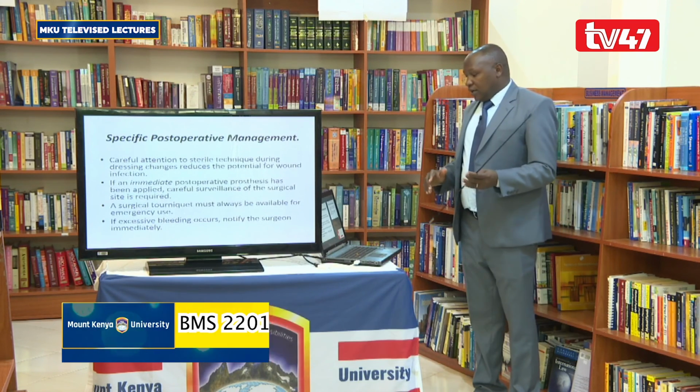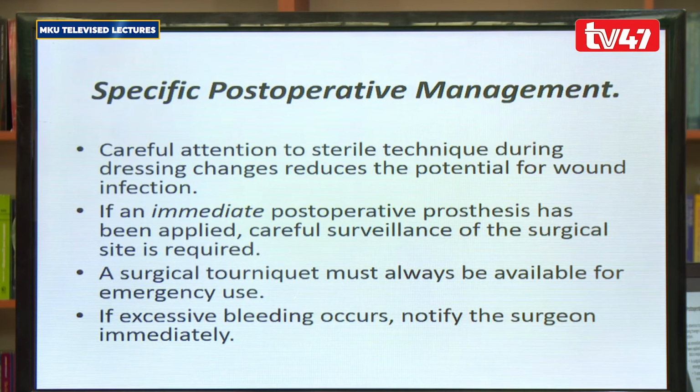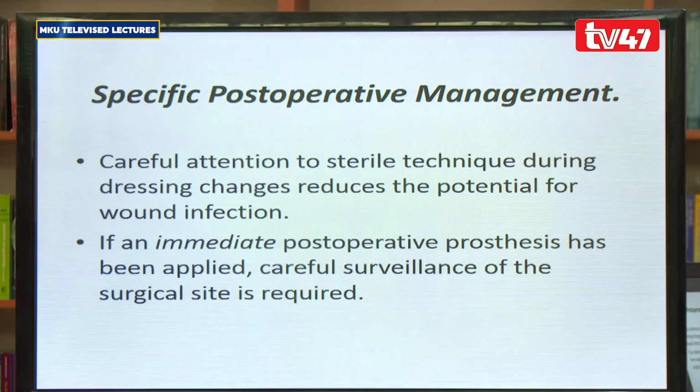We are going to plan for this patient on how they will get the prosthesis later on after they are discharged home. We should maintain sterility when we are doing dressing. Aseptic techniques should always be maintained because we don't want infection. Remember, this is somebody whose limb you have reduced, and any infection to the bone means that we go back to theater and reduce the bone even further.